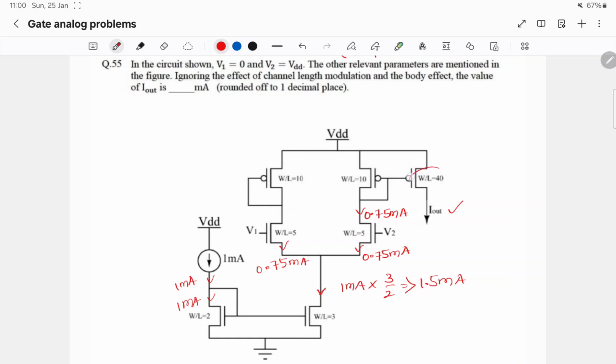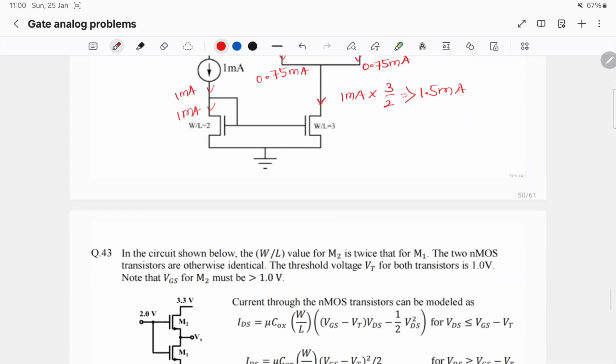W/L of this MOSFET is 40, so this is 4 times this. So 4 times the current will flow in this, 0.75 milli into 4, so 3 milliamps of current will flow in this MOSFET. The answer is 3 milliamps.